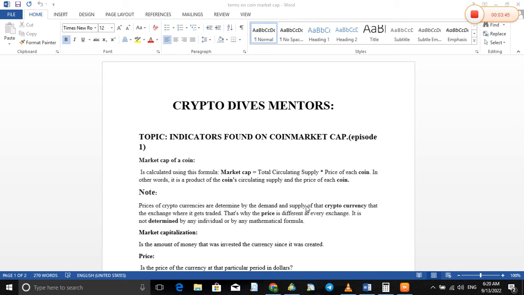Remember, if the system produces 21 million coins, there is no way they are going to add on that amount. That is the amount being produced by the system, unless making another cryptocurrency. But that original one which is being made, there is nothing like adding more on that float.